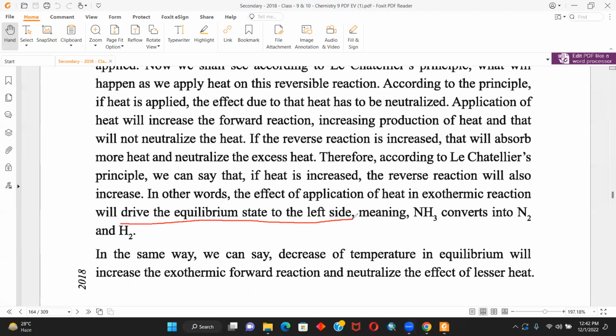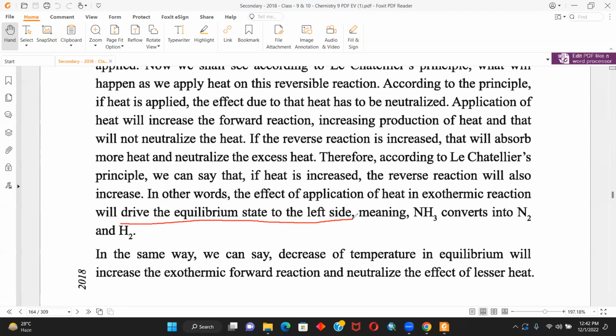What does it mean? We learned that the equilibrium state is a dynamic state, so it has particular directions; it could go to the left or to the right. Consider it like a car moving on the x-axis: it could go forward or it might go back. Same is the case here.